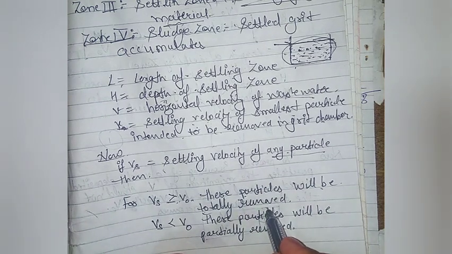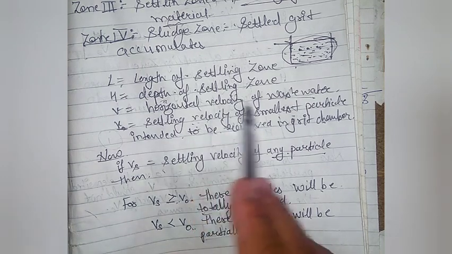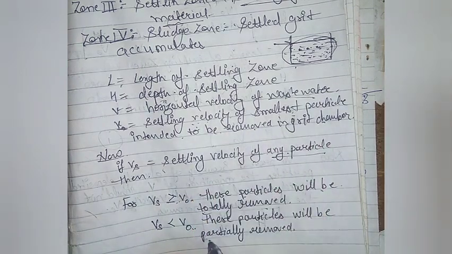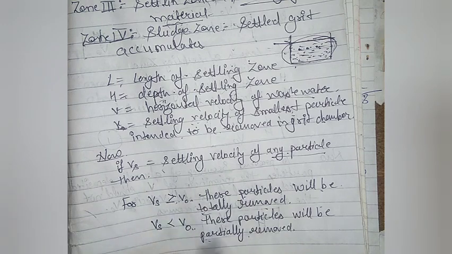This is the first condition. And if the settling velocity of the particle is less than V naught, that is the settling velocity of your smallest particle, then these particles will be partially removed. So these are the two conditions.